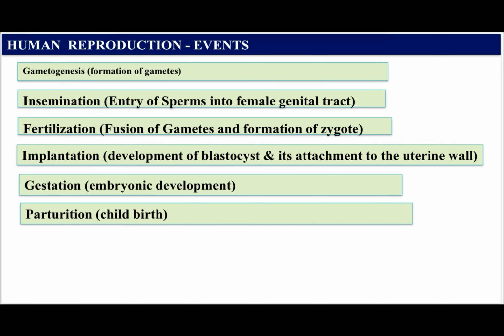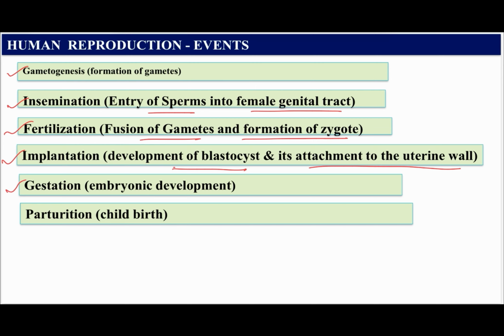The events are: first, gametogenesis, or the formation of gametes; then insemination, meaning entry of sperm into the female genital tract; then fertilization, that is fusion of gametes and formation of the zygote. The next step is implantation, the development of the blastocyst and its attachment to the uterine wall.